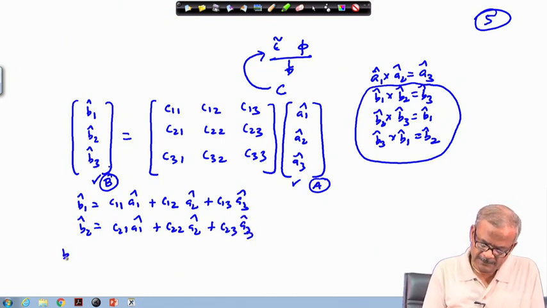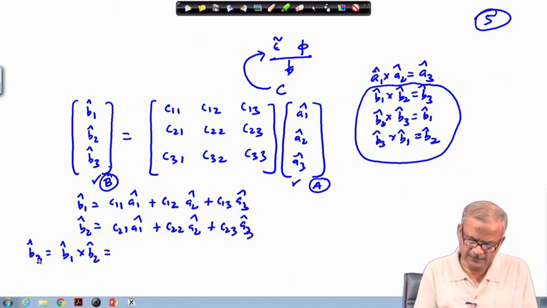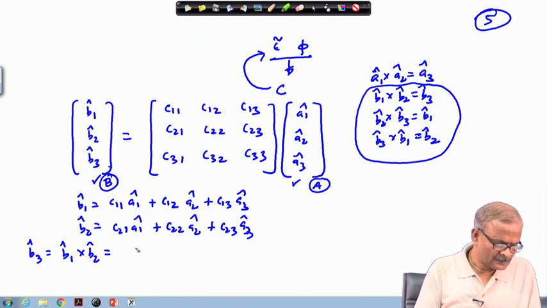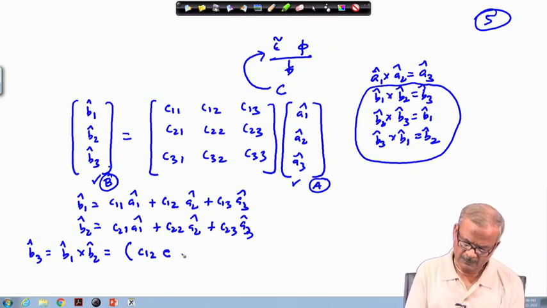Now, if we take the cross product B 1 cross B 2, which will be equal to B 3, this will get simplified as C 1 2 times C 2 3 minus C 1 3 and so on.